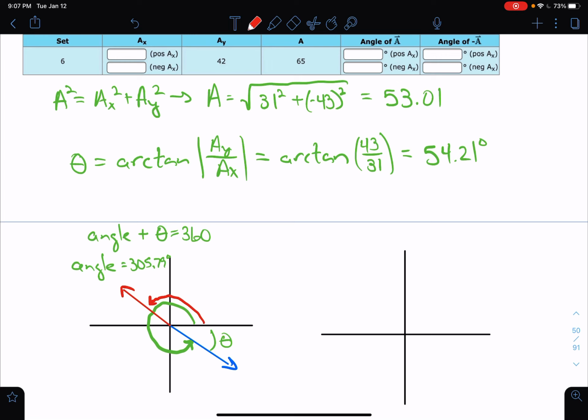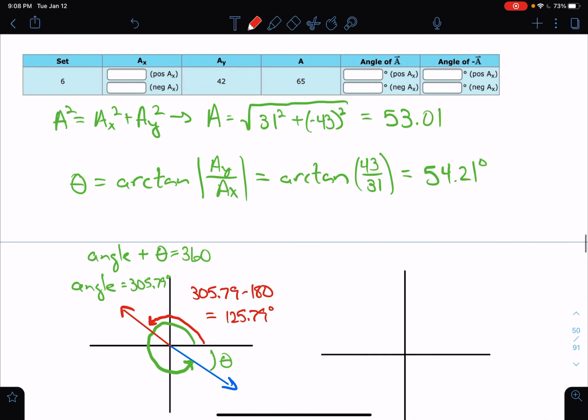And of course, the key thing here is that this vector is 180 degrees away from the original vector. These are supposed to be 180 degrees apart. So all I really need to do to get it is take 305.79 minus 180, and that gives me 125.79 degrees. That's all I need to do for that part.